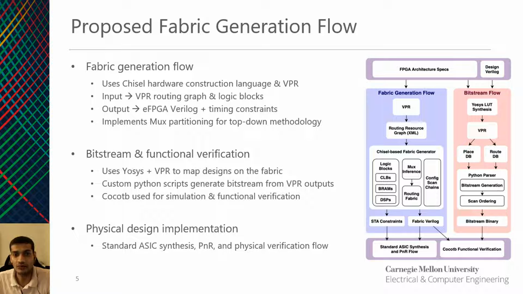It then dumps the Verilog description of the fabric along with the timing exceptions required for loop breaking as STA constraints. The Verilog and the STA constraints are then passed on to the physical design tools for implementation using standard ASIC design flow. In order to map the designs on the implemented fabric, we use a tool flow based on EOSIS and VPR.